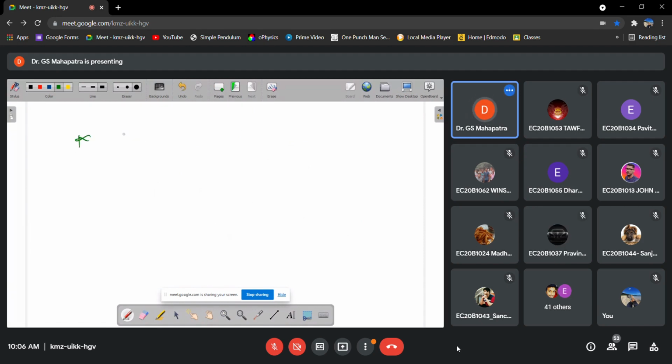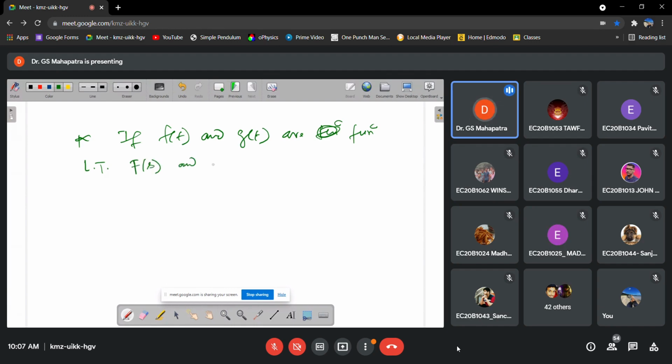If f of t and g of t are functions having Laplace transform, say F of s and G of s respectively, then this is the first property.